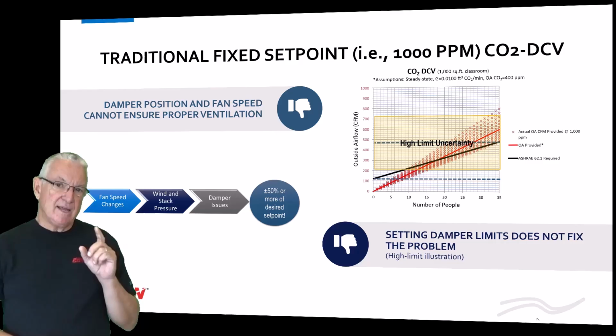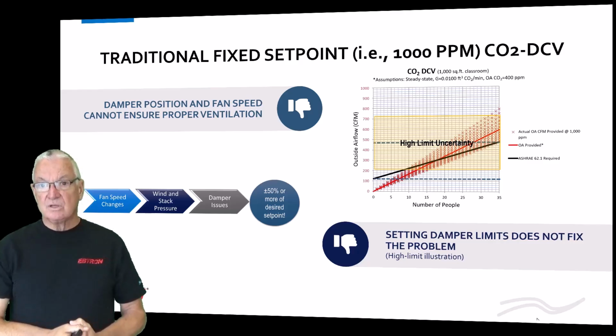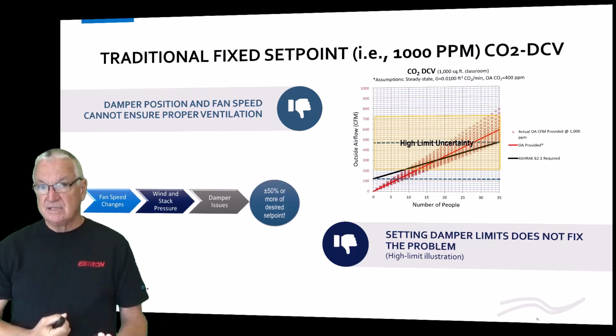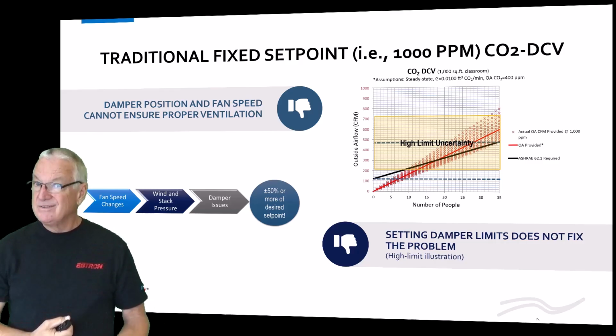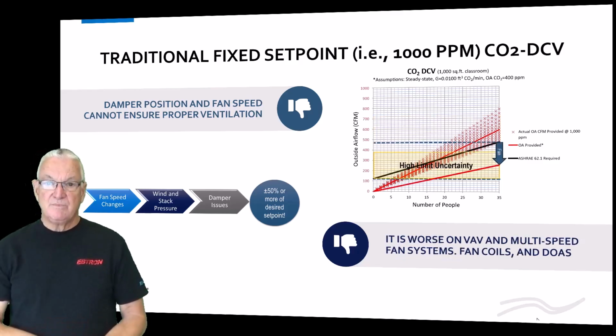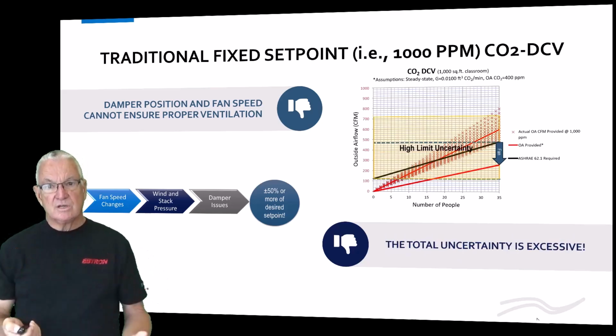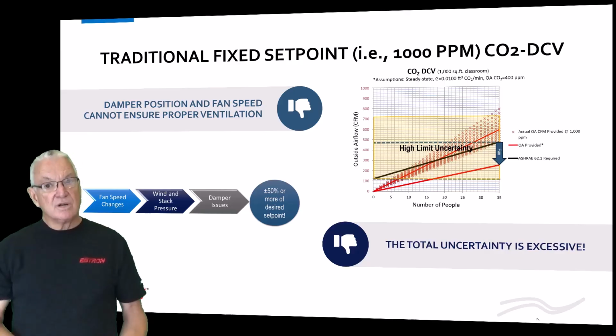And that's fine, except that when we talked earlier about fixed dampers, we talked about all the uncertainties associated with fixed dampers. So that yellow area is your high limit uncertainty. So you really haven't accomplished anything. And if you have a variable speed system with a variable speed fan, it even adds more to it. So really, you don't know where you're at.